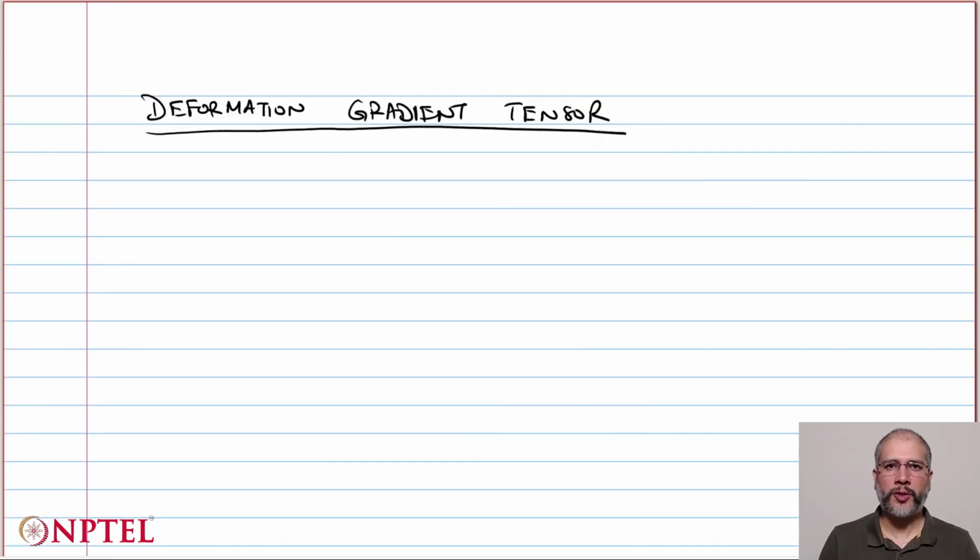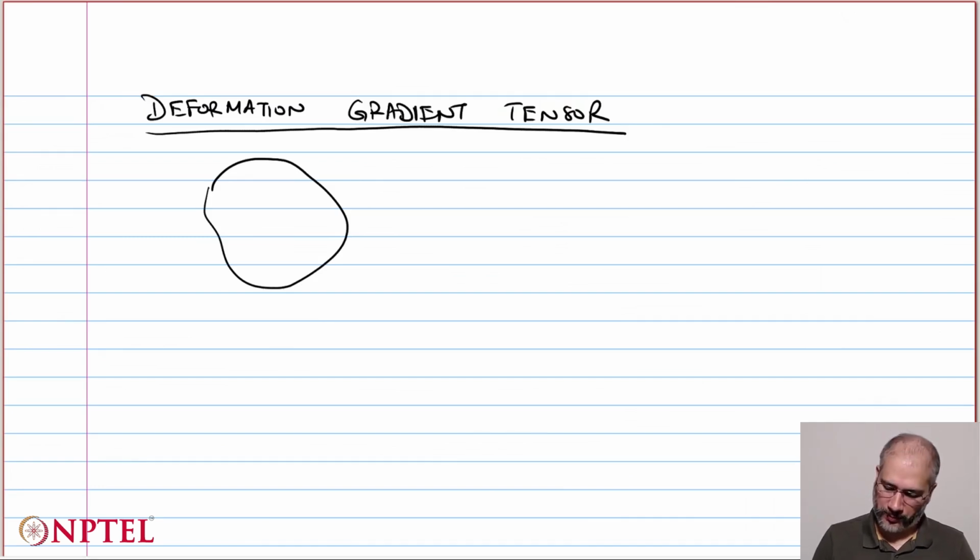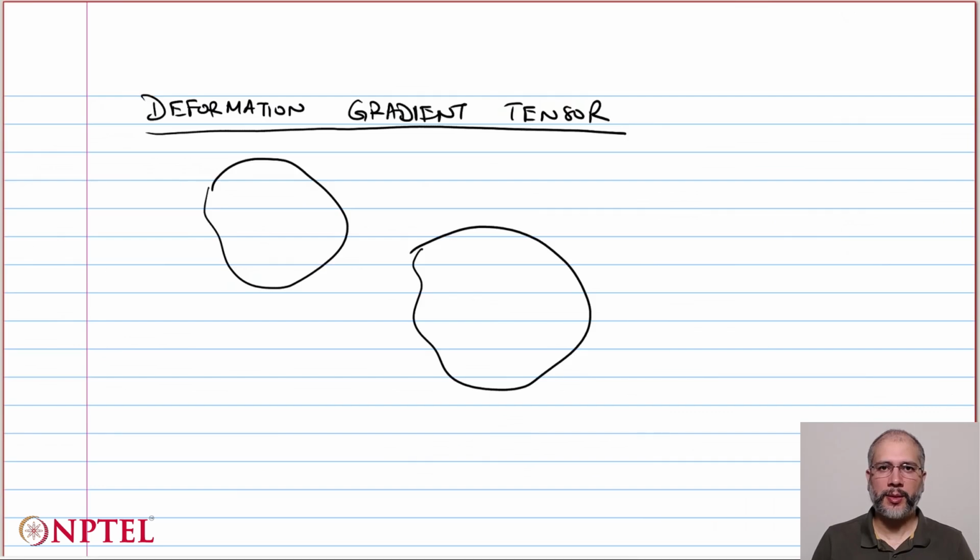So now we move on to the second part of today's lecture, that is on the deformation gradient tensor. So let's say this is our initial configuration and this is the configuration at a later time. In the discussion that will follow now, we'll only talk about two configurations.